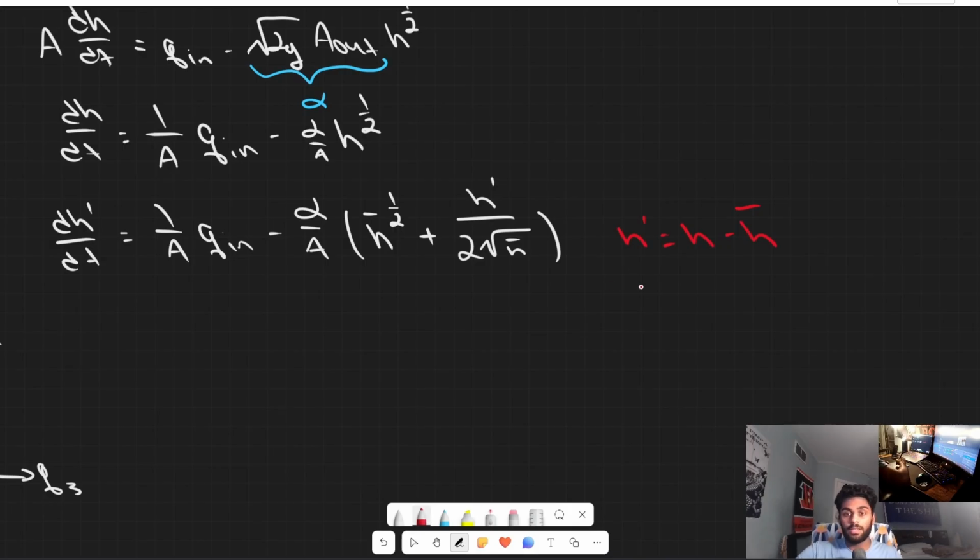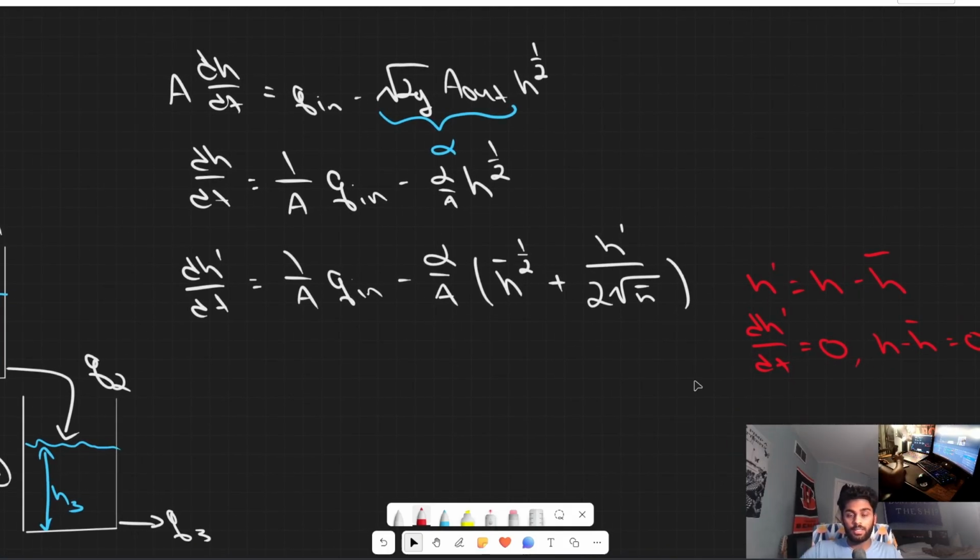When our dH prime/dt is equal to 0, this means that h prime, so h minus h bar, are equal to each other. Since these are equal, if you took the difference of these two, you would get 0, and so this term here would not exist.